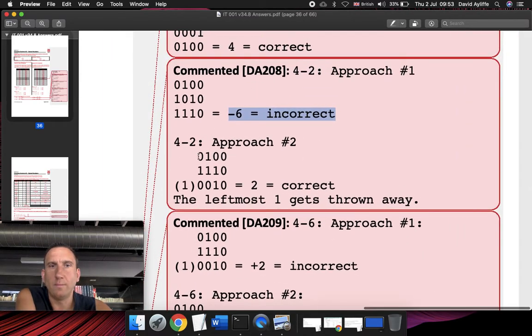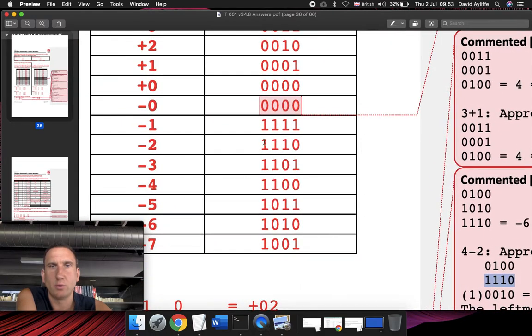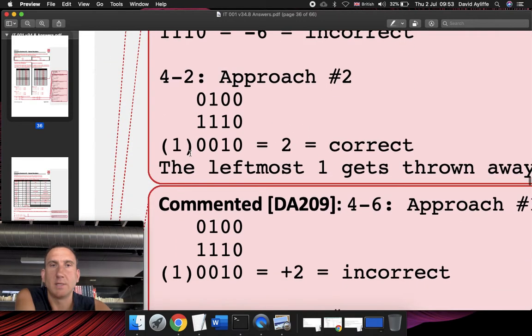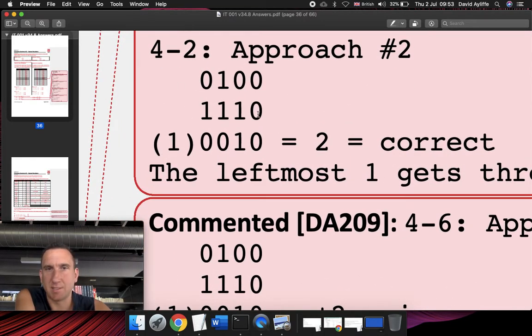So this is 4 and minus 2, 1, 1, 1, 0. 0 plus 0 is 0. 0 and 1 is 1. 1 and 1 is 2, so that's 0 carry 1. 0 and 1 is 2, so again 0 carry 1.